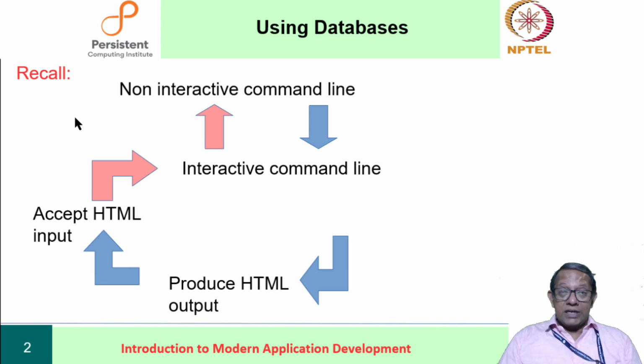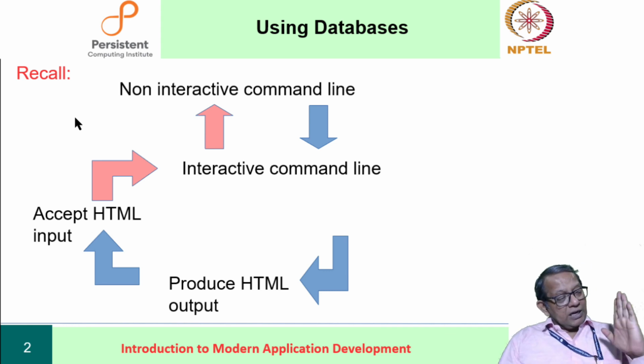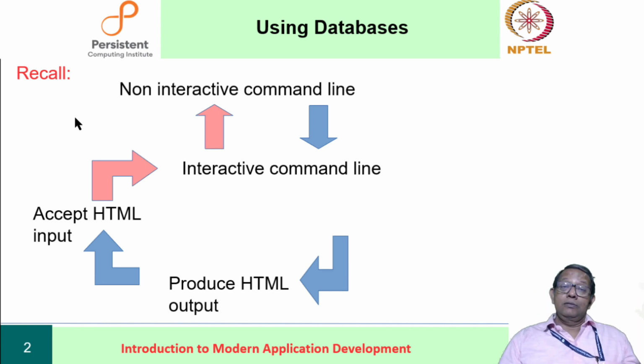What we eventually desire is to have individual commands being sent to our server, which will perform the fair share computations as required by the command and return the results, if any. In other words, what we really want is the input and output separated as before using HTML, but the model or the program that runs on the server, we actually want it to be a non-interactive command line program.